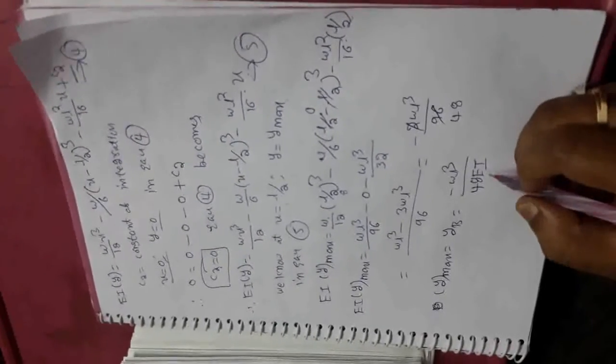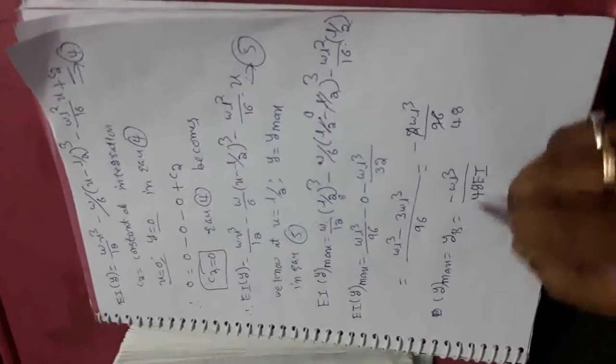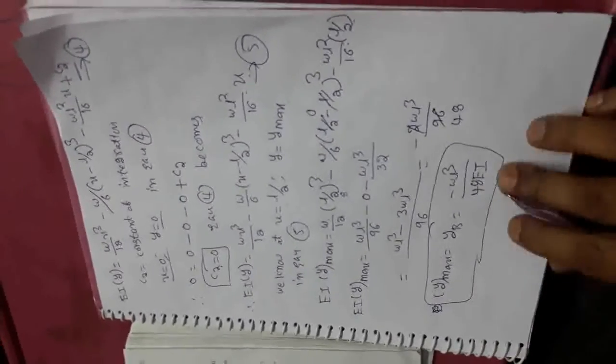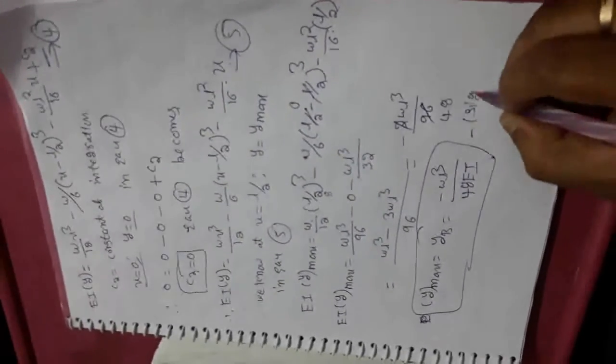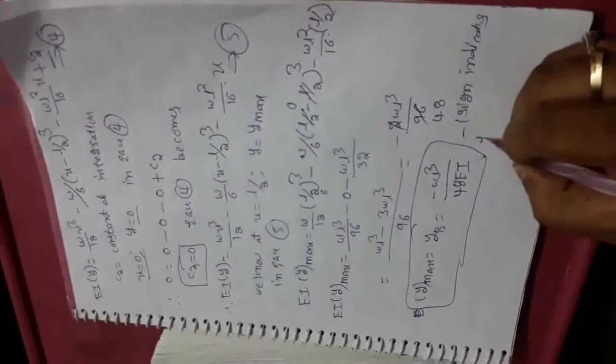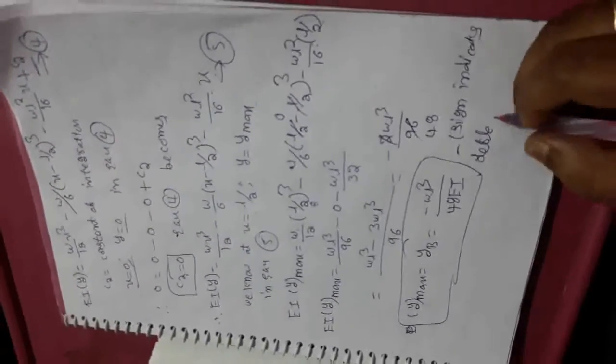EI. So this is the y maximum, or y b, after substituting the boundary condition, that is x equal to L by 2 and y equal to y maximum. The minus sign indicates deflection is downwards, and positive sign indicates deflection is upwards. Why?